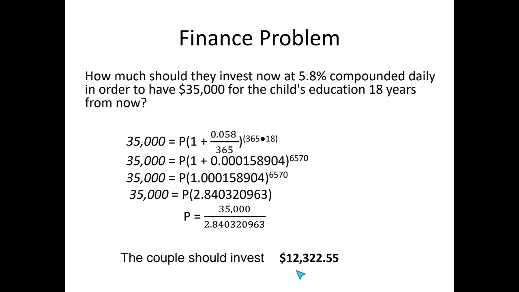And so I end up with 12,322.55. And so that would be what the couple should invest if they want to have their $35,000. Again, this is in compound interest. They could probably invest it in a different vehicle and have more money for sure.